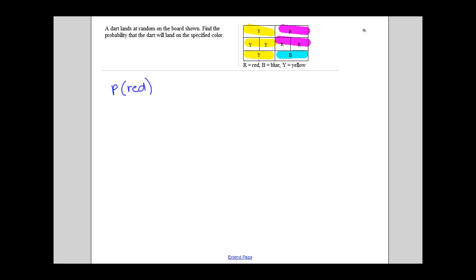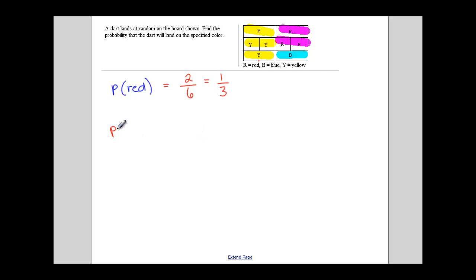And those all have equally likely chance of being chosen, the larger rectangles. So out of the 6 larger rectangles, 2 of those are red. So 2 out of the total of 6 are red, which would mean that 1 out of every 3 is red once we simplified that fraction.